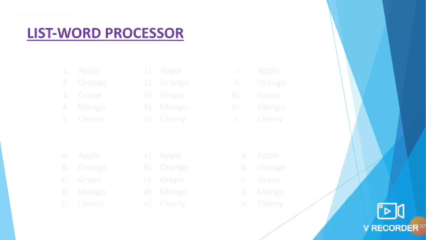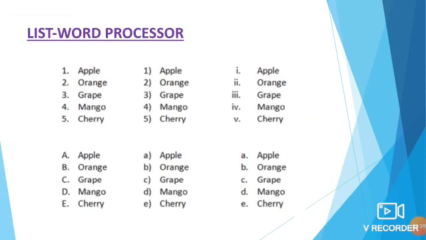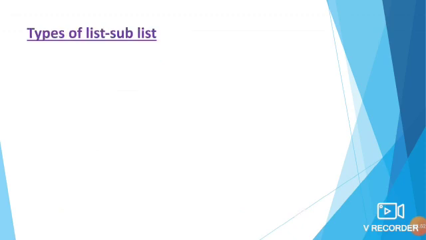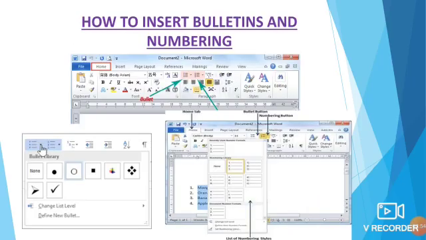For example, if I type the fruits in the format, you can see here all the numbering styles I have used. These are available in the numbering form. This is how to insert bullets and numbering.